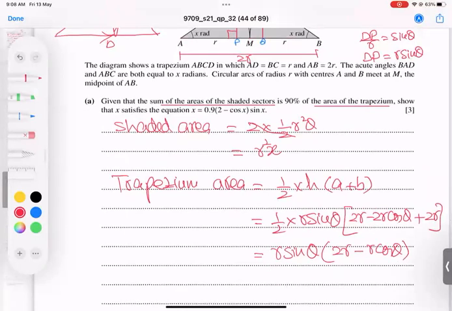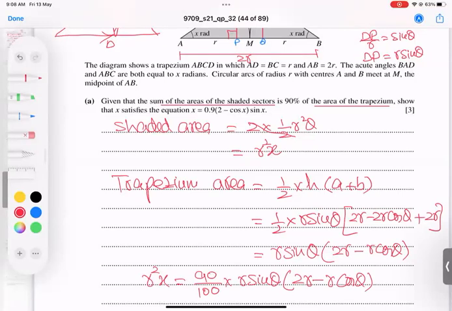And now I use this formula, 90%. This is the shaded area and this is the other one. So I can say here r squared x equals 90 by 100 times r sine theta times (2r minus r cos theta).